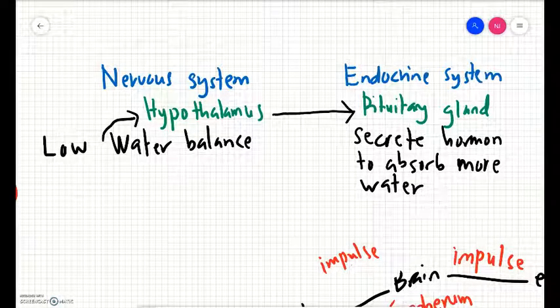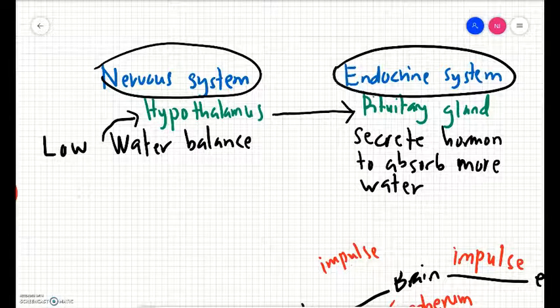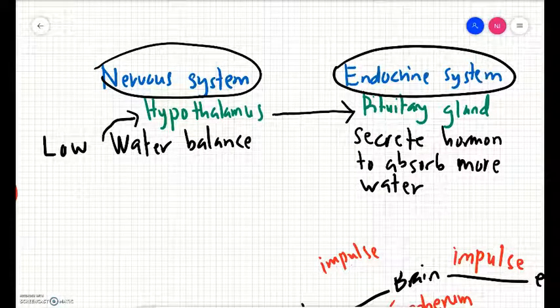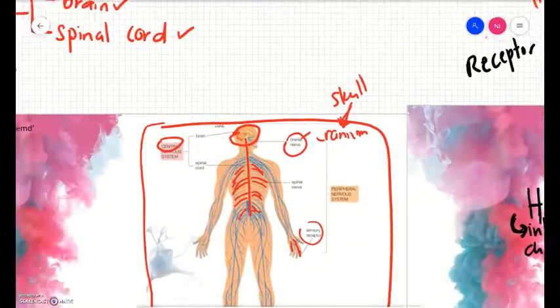So sini boleh nampak dia punya connection between nervous system and endocrine system, and also the connection between hypothalamus and the pituitary gland. That is why these two are located side by side.